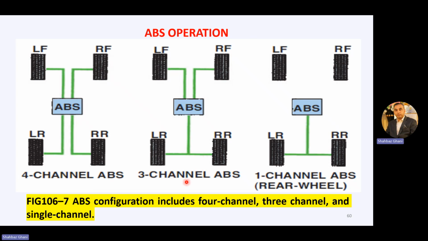So this is the 3-channel ABS. Now in single channel or 1-channel ABS, we do not have anything for the front left or right. We have only one speed sensor that is mounted in the differential or the transmission for both the rear wheels. So this is how the configurations are.